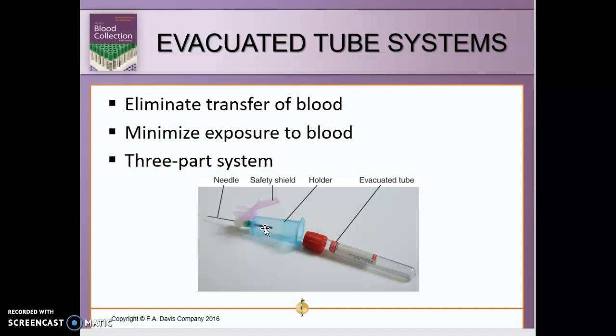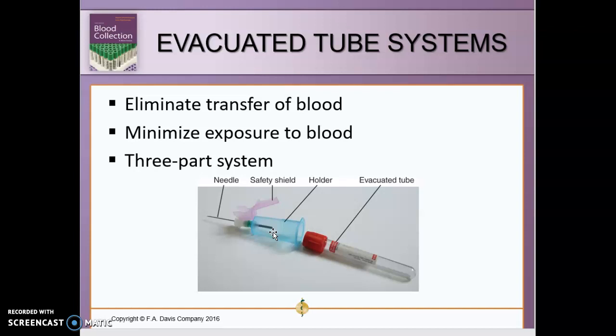Evacuated tube needles have a rubber sheath to prevent the leakage of blood. So when we take that tube out, that rubber sheath keeps blood from squirting out everywhere. The advantages of the evacuated tube system over a syringe is that there's no need for transfer of blood, and it's a closed system.